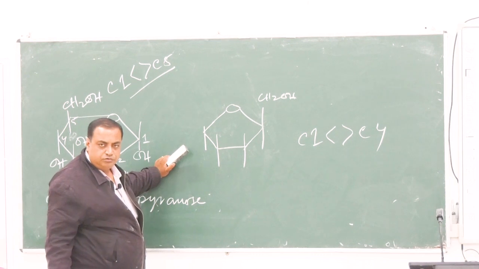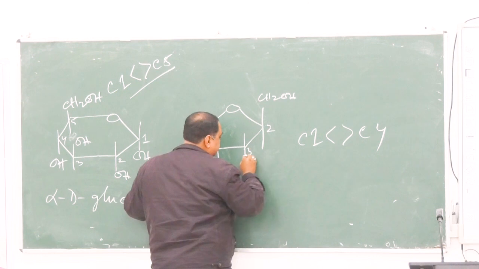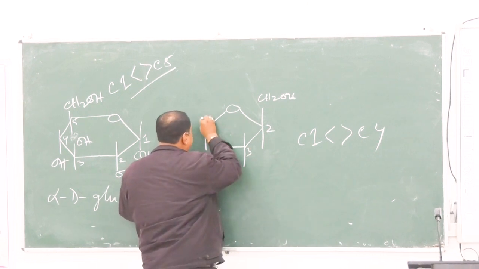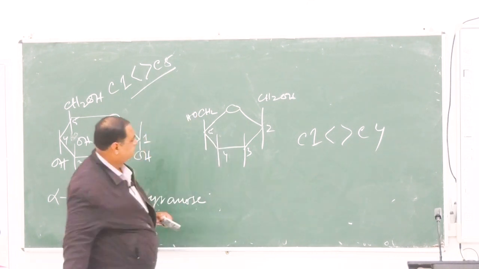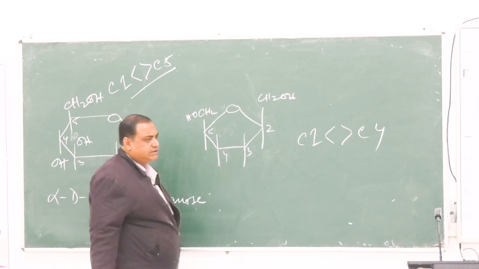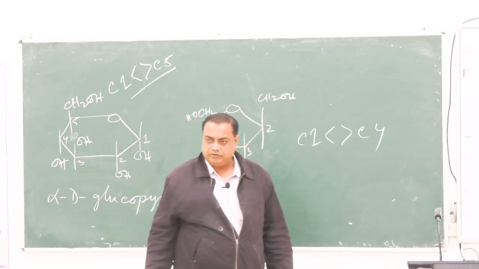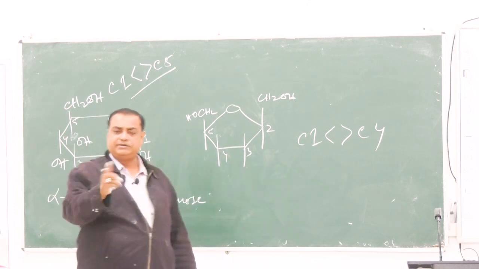Keto group which is on C2. So it forms like this C2. This is C3, 4, 5, 6. For fructose what is the structure? Same as glucose. Only the functional group is different. Nothing else. So C3 will have OH on the left side.